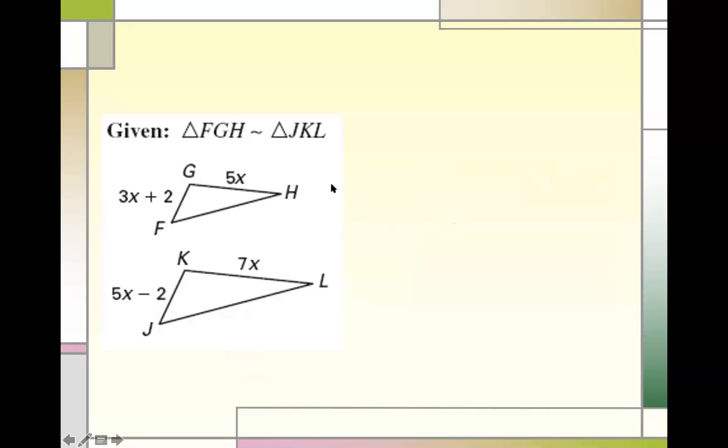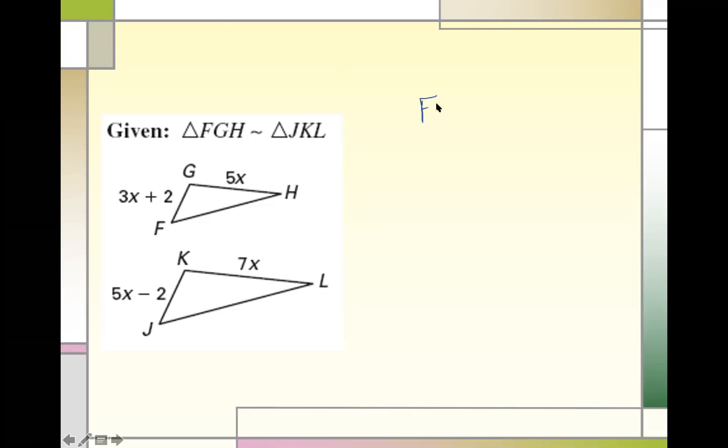All right, so given the situation that's given, can we find the value of x? Basically we have to set up a proportion and then solve for x. It says the triangle FGH is similar to the triangle JKL. So what does that tell me?